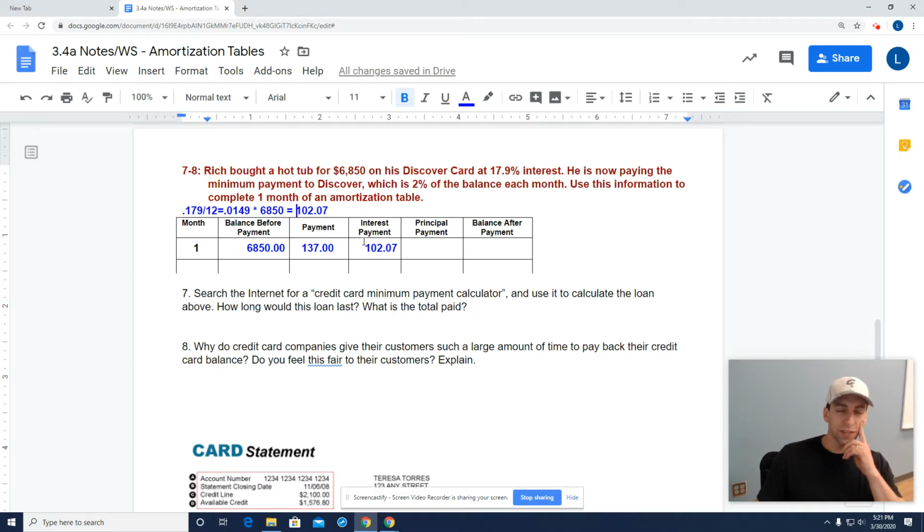All right, so think about this. You send in a payment of $137, and 102 of it goes to interest. Whew, that's terrible. So take your 137, subtract your 102.07, and only $34.93 is what actually gets to come off of the principal.